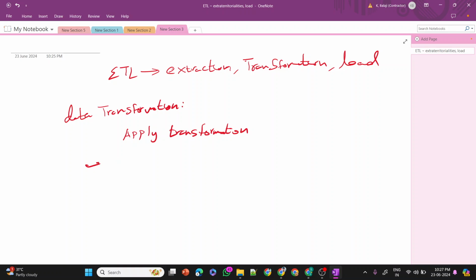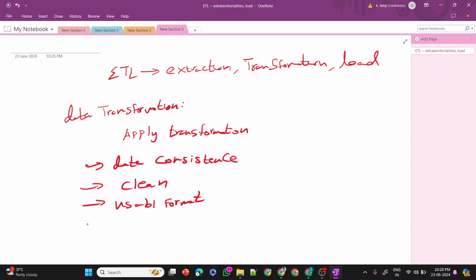In data transformation, we need to check data consistency, whether the data is clean, whether the data is in a useful format, and whether the data is in a normalized format.